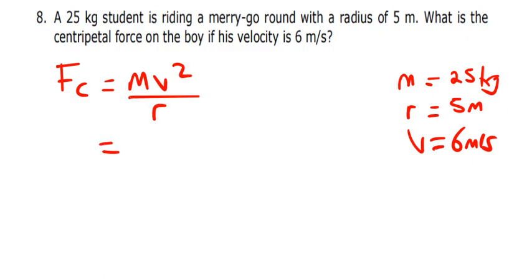We have the mass of 25 multiplied by the velocity of 6. When I square 6, it is just 36, divided by the radius, which is 5 meters.